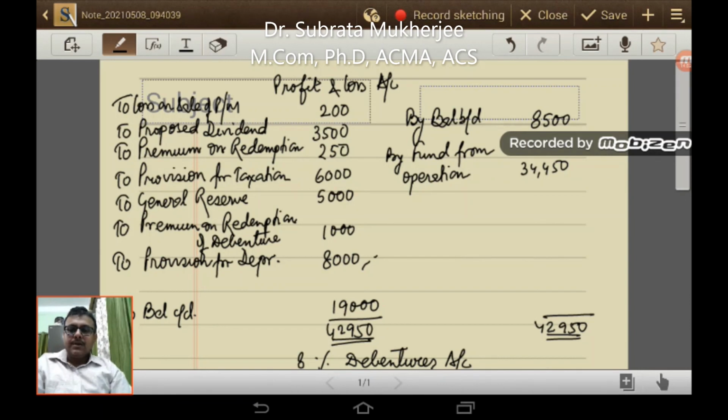Now I will close the last ledger, that is the profit and loss account, and the total of the debit side is 42,950. The balancing figure in the profit and loss account represents fund from operation, that is 34,450. So this amount of 34,450, which represents the fund from operation, I will place on the source side of the fund flow statement.